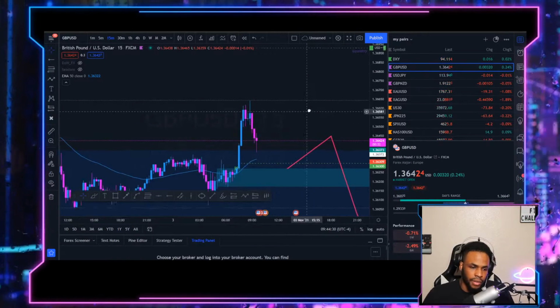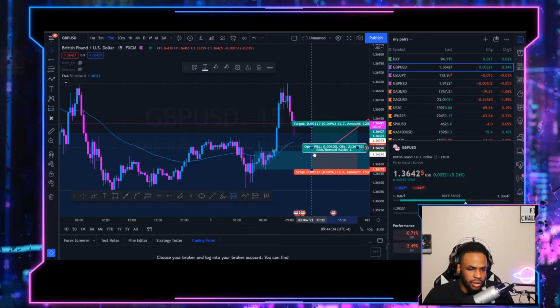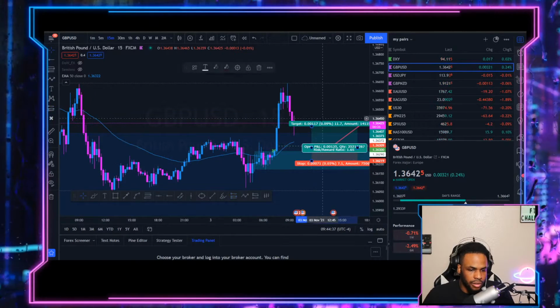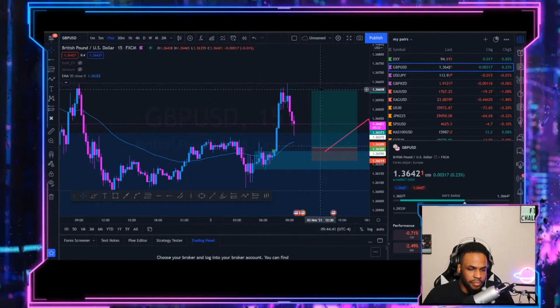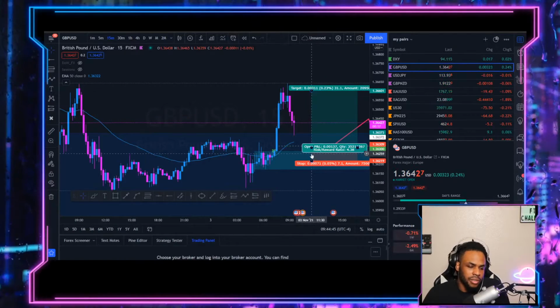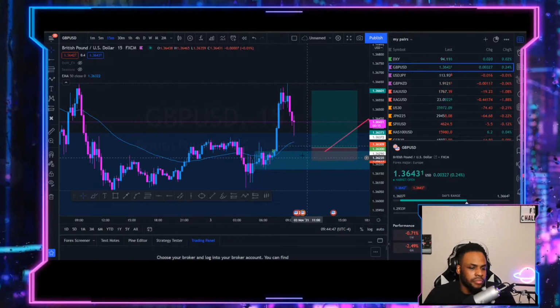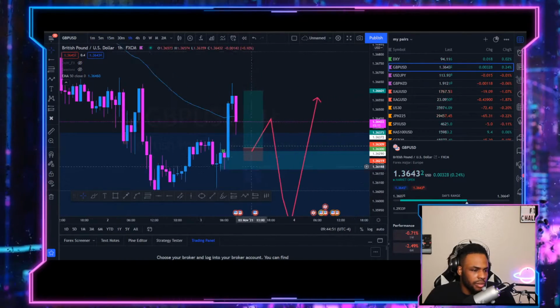So wait for that. Hopefully we can catch something. Let's see an area to target. You can maybe target this high or somewhere up in there. So yeah, this could be a potentially good trade. Just double check that order block, make sure it looks good.